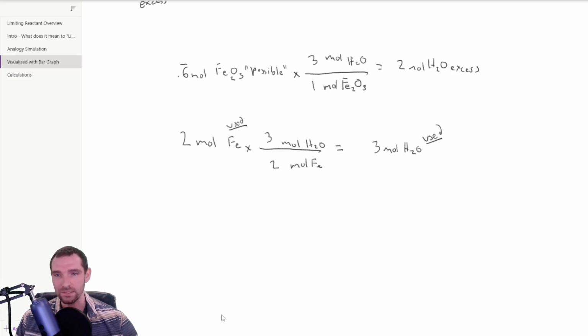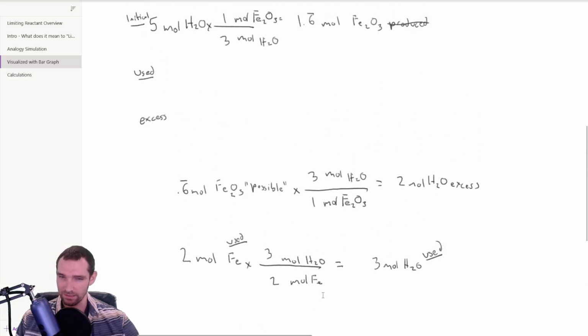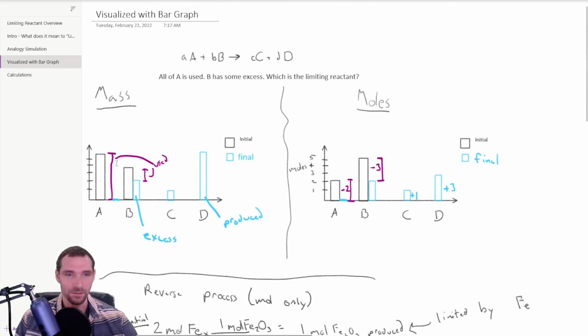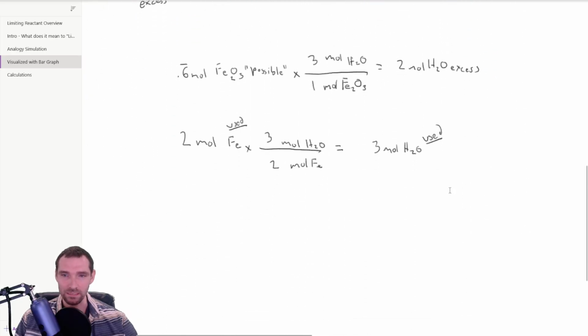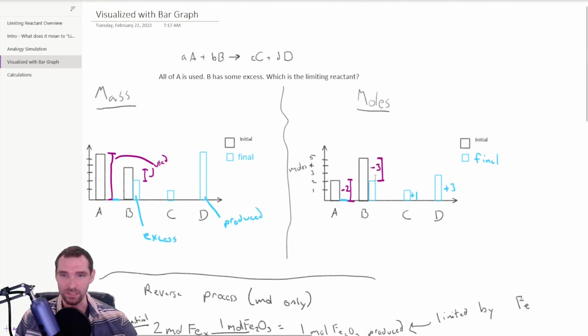So you can see this is really important to not just be able to do dimensional analysis, but be able to identify what it is in the problem. So this was, okay, I was using up 2 of these moles. How many of these moles am I going to be using up? Well, I'm using up 3.